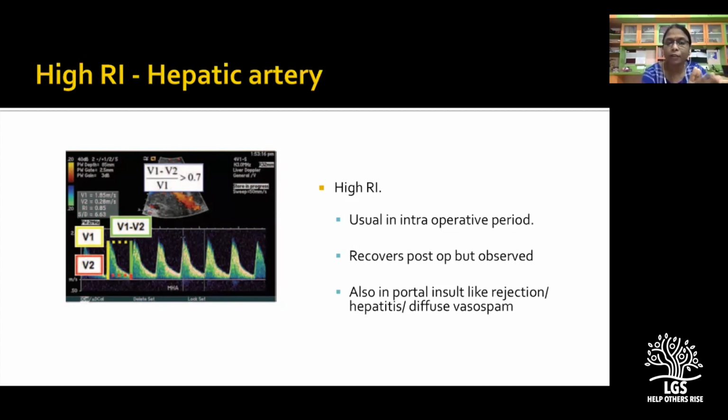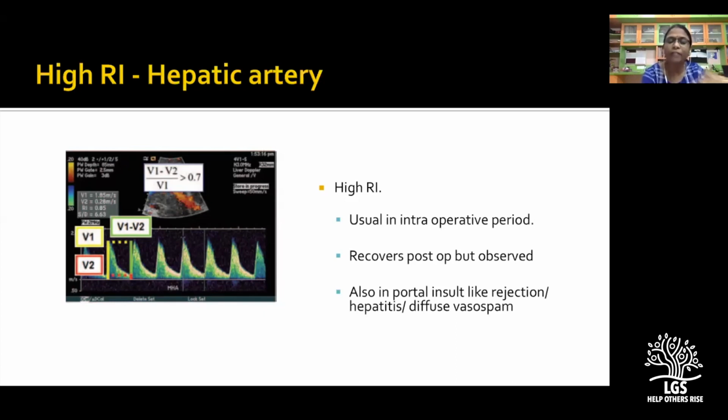However, even though physiological causes are there, the pathological causes of a high RI should always be kept in mind. Transplant rejection of any phase, any stage can cause this high RI, and some hepatitis can cause high RI, and proximal to a focal hepatic artery thrombus or a hepatic artery narrowing, high RI can be seen.